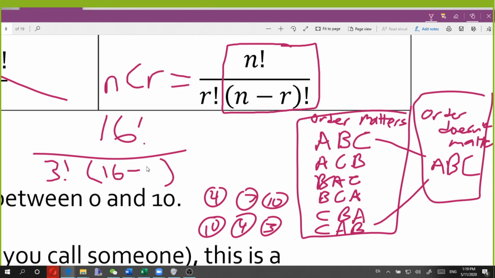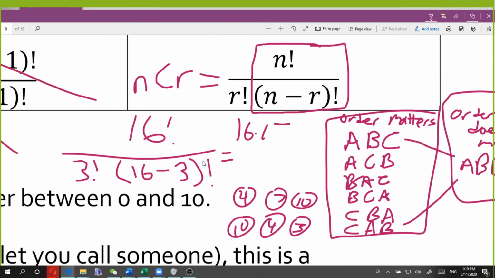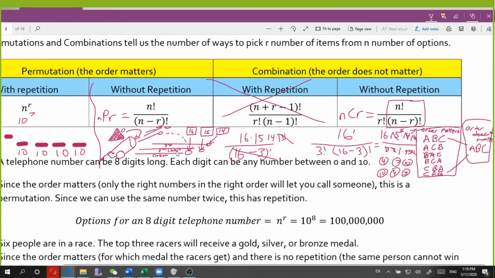So that's N is 16 and R is 3. Gives us 16 times 15 times 14 times 13 factorial over 3 times 2 times 1, which is 3 factorial, times 13 factorial, which will cancel with what I had on top. Okay, 3 goes into the 15 5 times, and the 2 goes into the 14 7 times, so I'm left with 16 times 5 times 7 different combinations of balls from a pool set, which is less than 16 times 15 times 14.